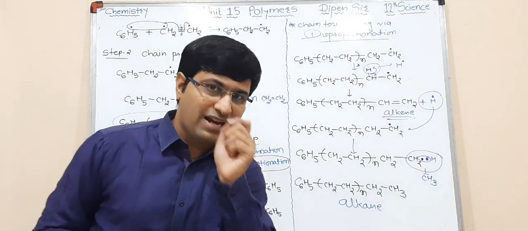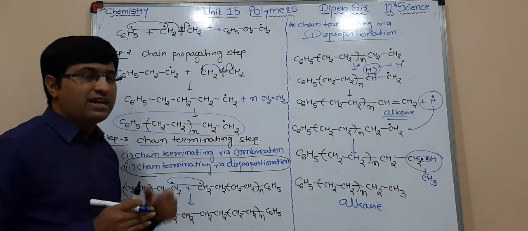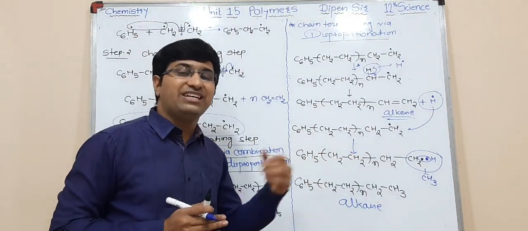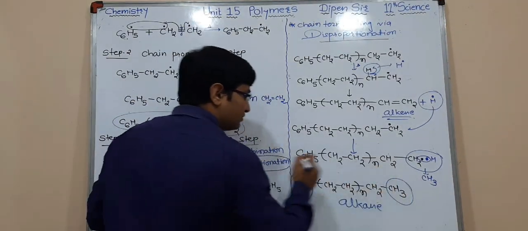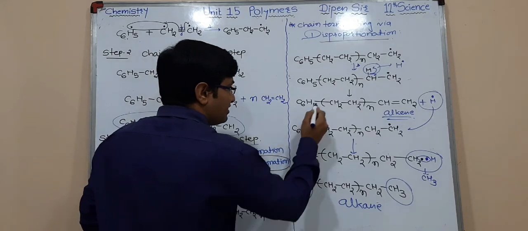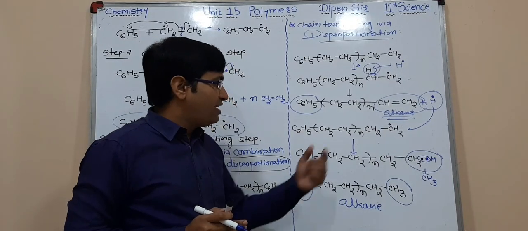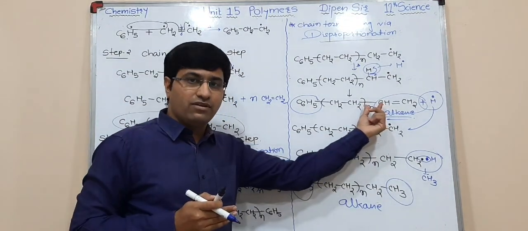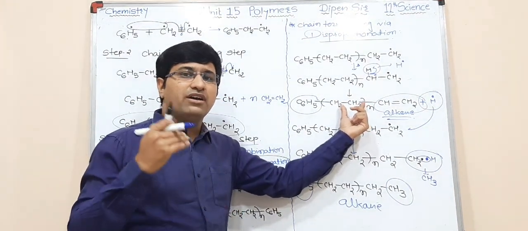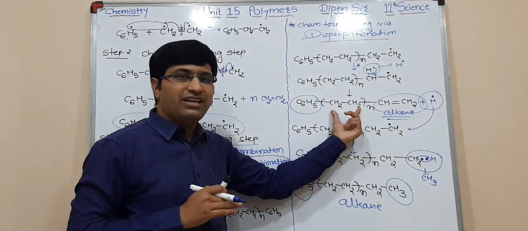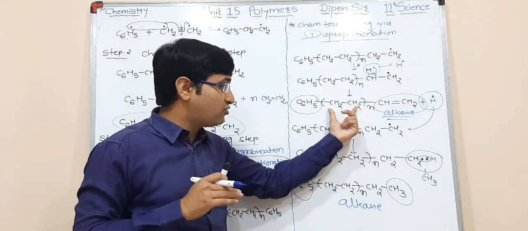Now a question may arise in your mind. Sir, we are studying the addition reaction, preparation of polythene from ethene. Here the two terminating points are different. So how can we say that this is polythene? We have n times CH2 single bond CH2, that means innumerable ethene monomers are present in this structure.